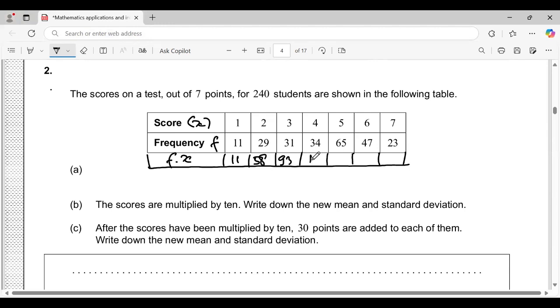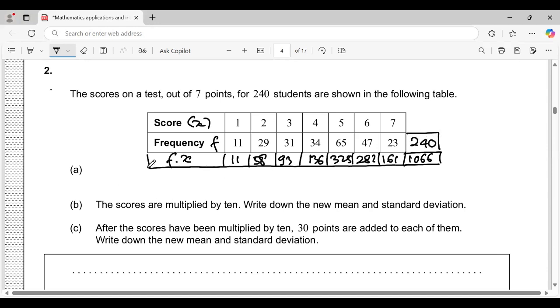This is 136, 325, 282, 161. And sigma fx is 1066, and sigma f is 240.